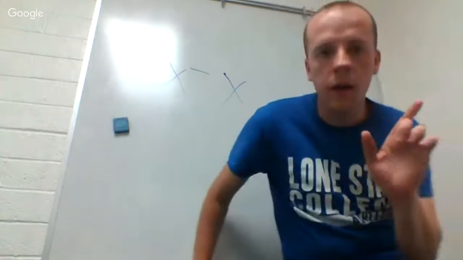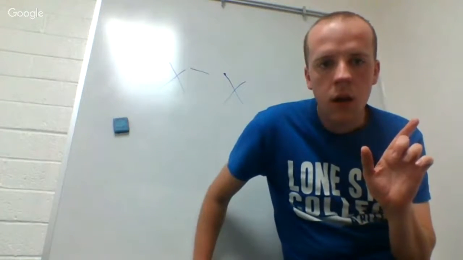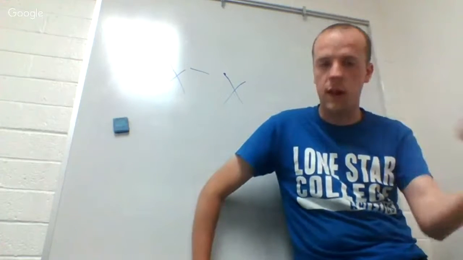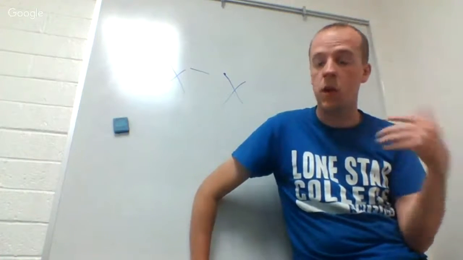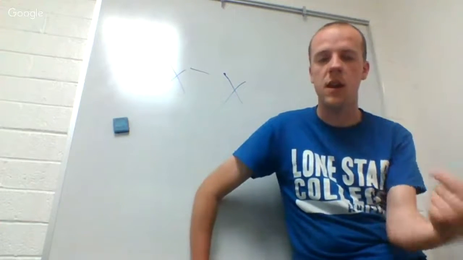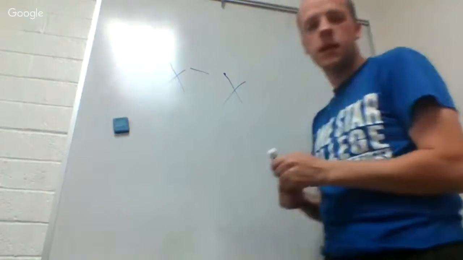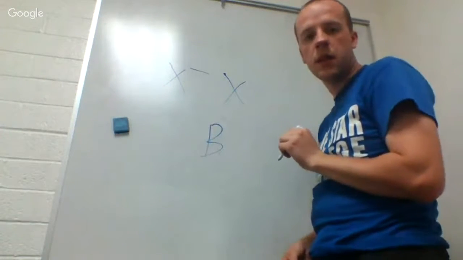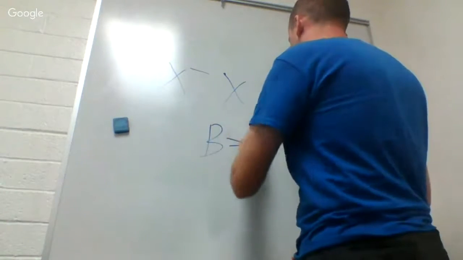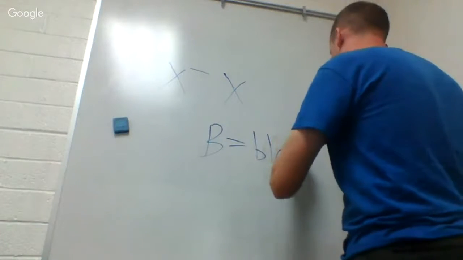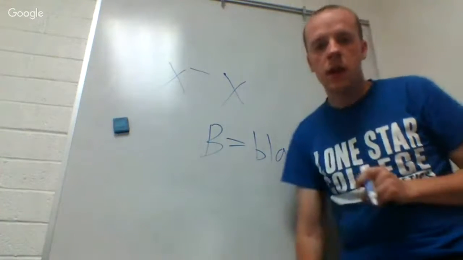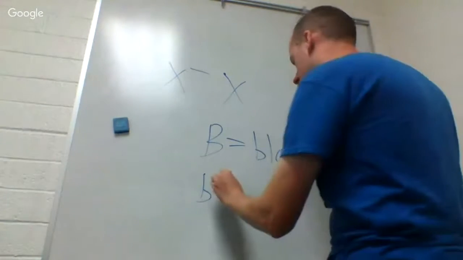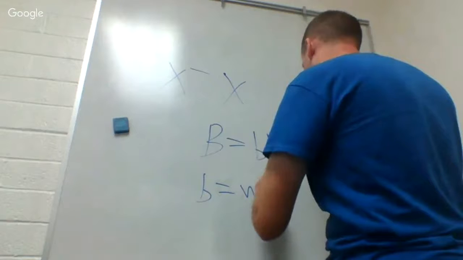And then another gene that's an autosomal gene controls coat pigmentation. So the big B is dominant, and it gives us black coat color, and the little b is recessive, and it gives us white coat color.